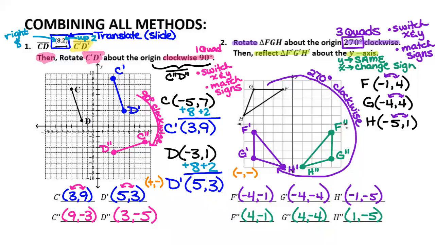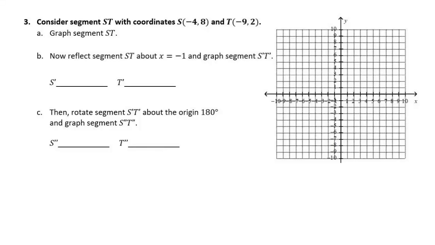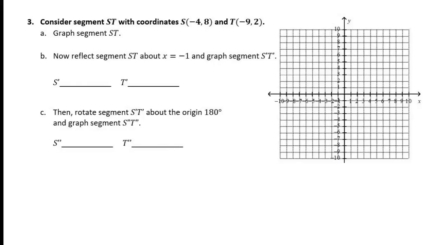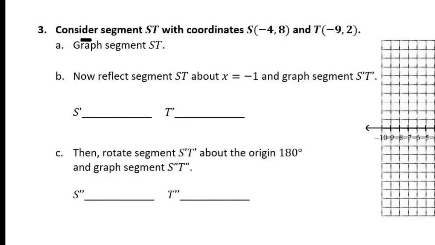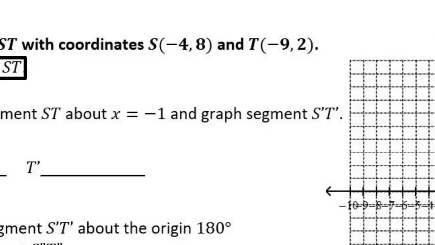Let's look at number 3 now. Number 3, what's the first thing I need to do? Graph. Graph what? Graph segment ST. Yes, that's the first thing that they tell me to do. And they gave me the ordered pairs for S and for T right here.